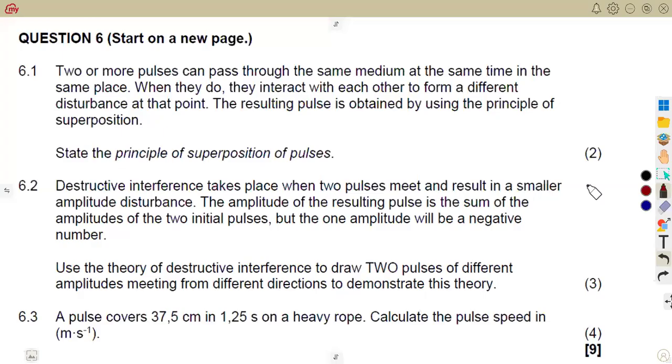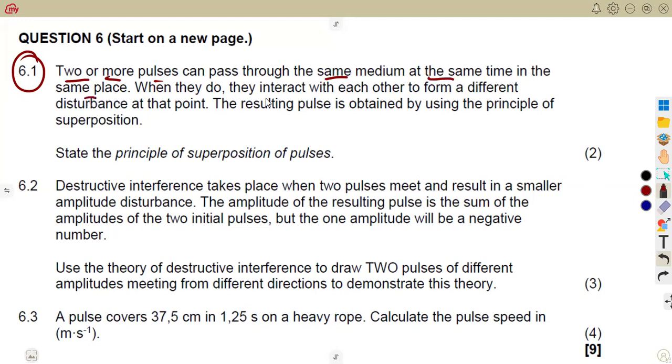So in this case, we are going to quickly consider our question number 6, which is given on 6.1. We are given the information that two or more pulses can pass through the same medium at the same time in the same place.